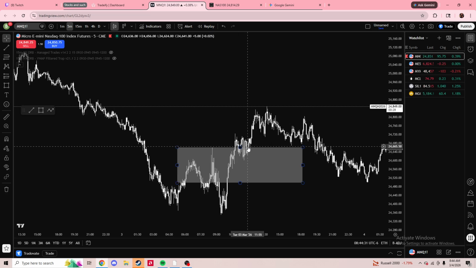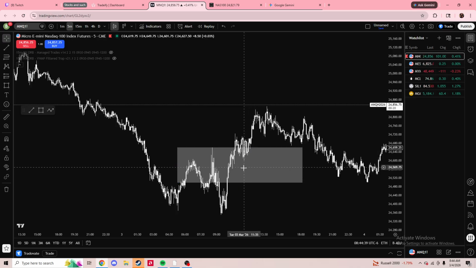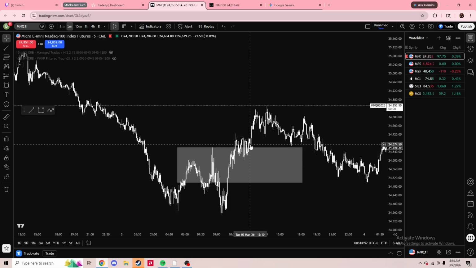Even though it's out of time, around 12 o'clock is where I usually try to stop, and I meant to make a mental note to stop. Cause it's lunchtime. New York traders are at lunch, and as you see here, nothing's happening. This is called consolidation. Just a bunch of up, down, up, down, pretty much at the same level.